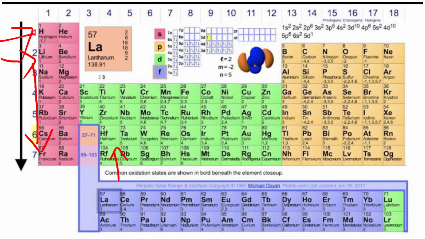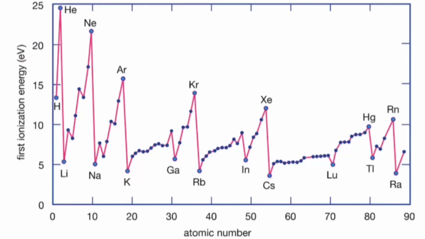You can see the fluctuations here, and how it increases according to the size. Hydrogen and helium, it is increased. So this is one period. The next period, lithium to sodium till argon. The next one is potassium. Like that, the ionization energy increases with atomic size.